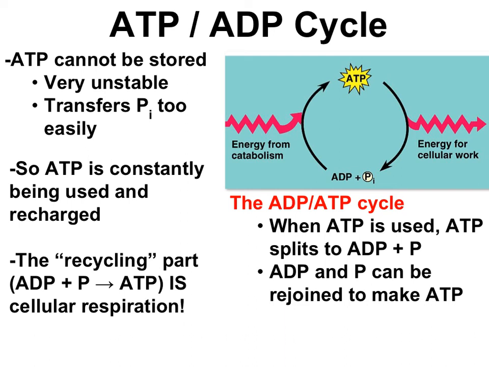Then that ATP can be used, resulting in ADP plus P, which can be converted back to ATP, which can be used again, and so on. So this cycle right here is called the ATP-ADP cycle. And the main process that converts ADP plus P to ATP is this catabolic process of cellular respiration, the subject of our next several videos.